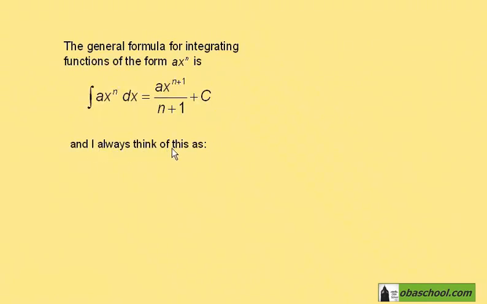I always think of this as increase the power by 1, so from n to n plus 1, divide by the new power. The new power is n plus 1, and you can see we divide by it.